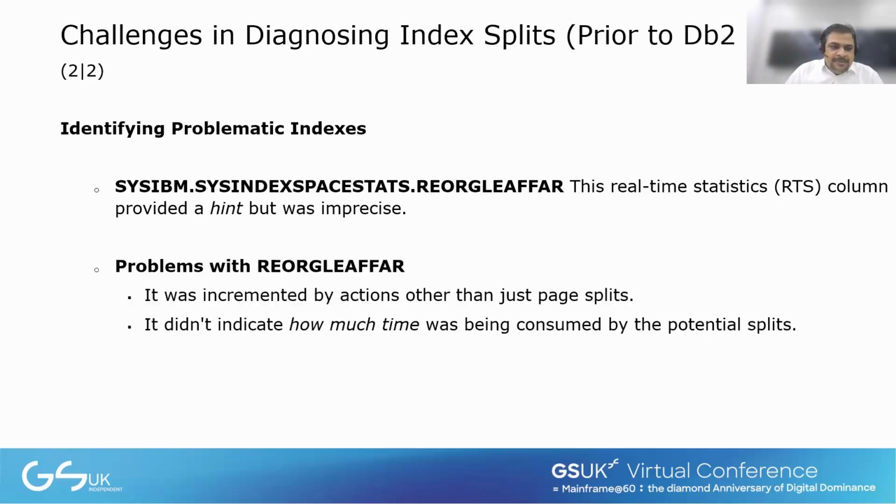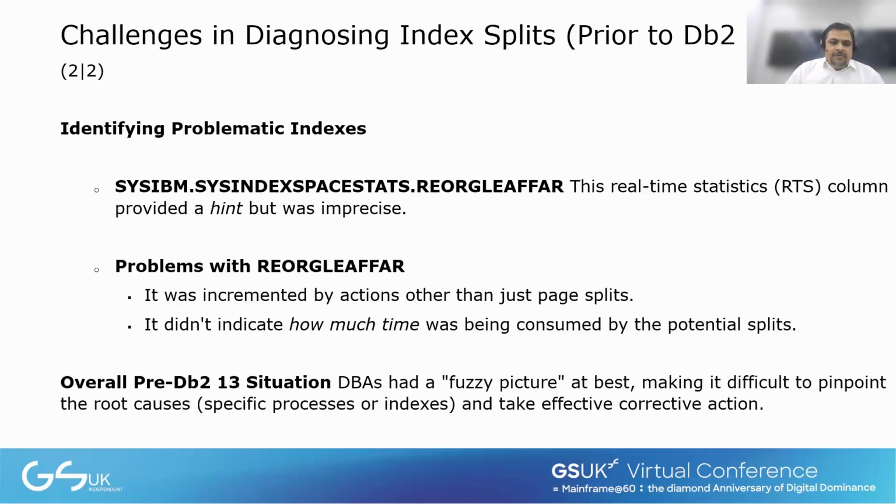This value can get incremented by other actions as well. It didn't indicate how much time was being consumed by the potential splits. Overall, DBAs had a very fuzzy picture about it, making it difficult to pinpoint the root cause and take effective corrective action.